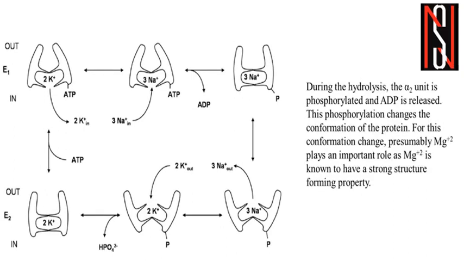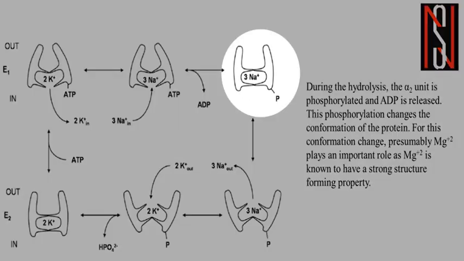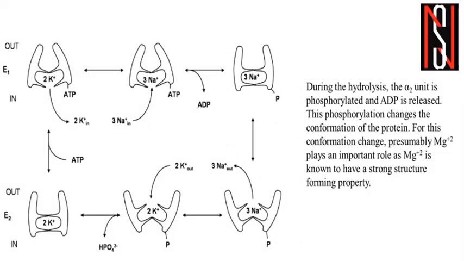Now, during this hydrolysis, the alpha 2 unit is phosphorylated. How does it become phosphorylated? During the hydrolysis of ATP, it is converted to ADP and one phosphate group is released. This alpha unit binds with this phosphate group, that is HPO4 minus. Now this phosphorylation changes the conformation of the protein.